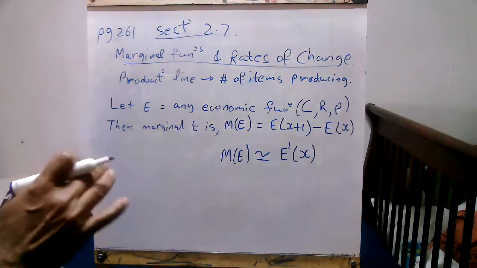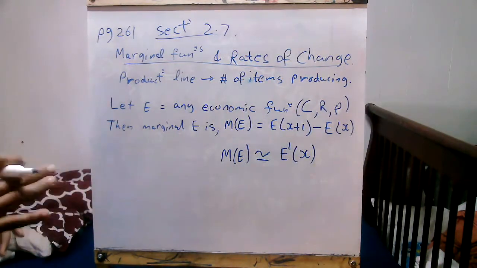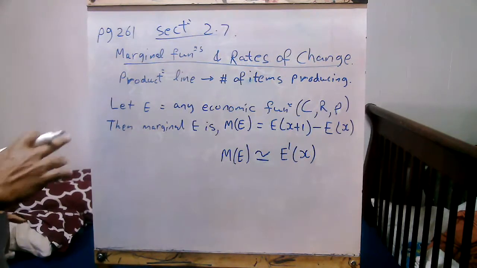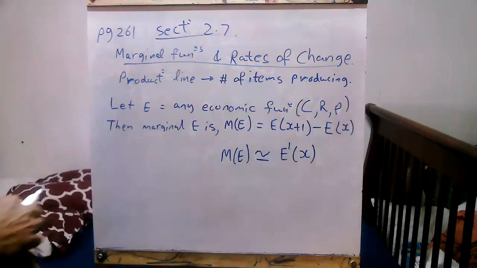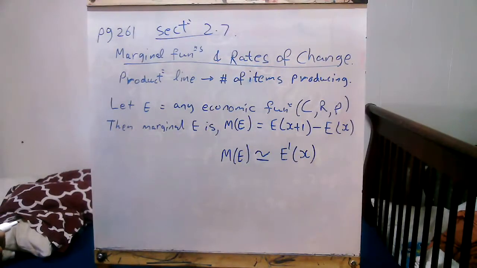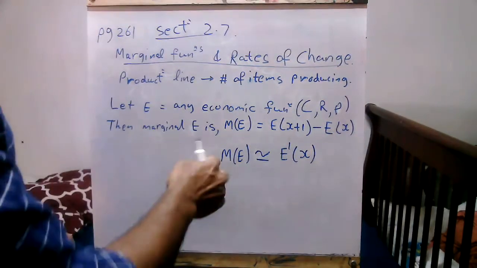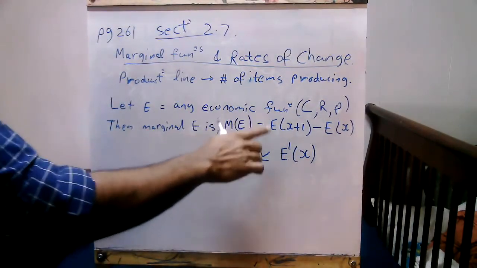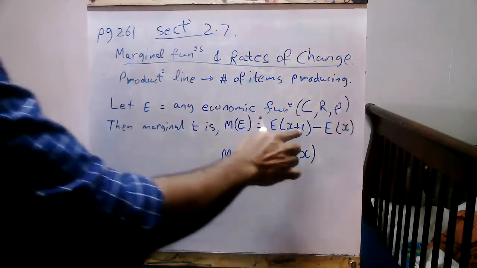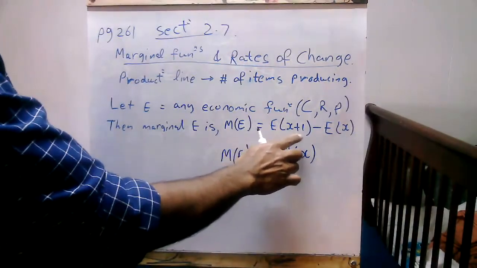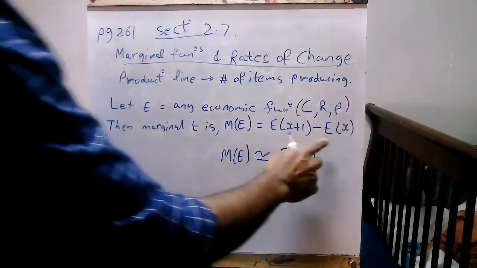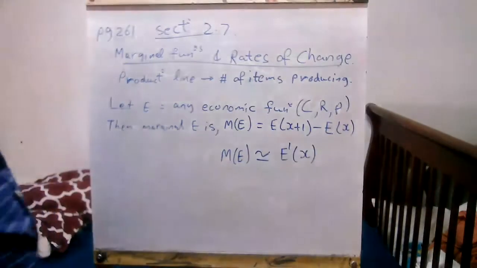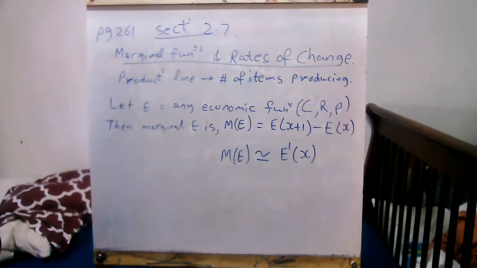So in the big view, this is the story. If E represents any of these economic functions, cost, revenue or profit, then the marginal economic function ME is given by E(x+1), meaning the economic function when producing x plus 1 items, minus the economic function when producing x items, right?